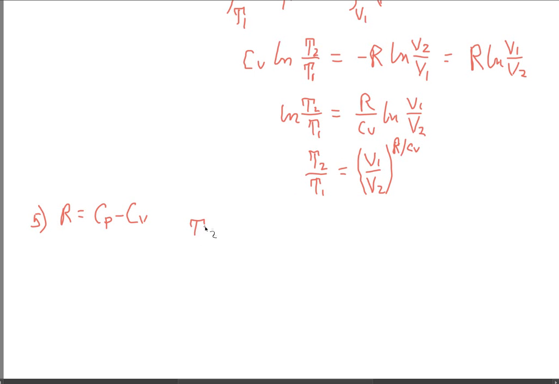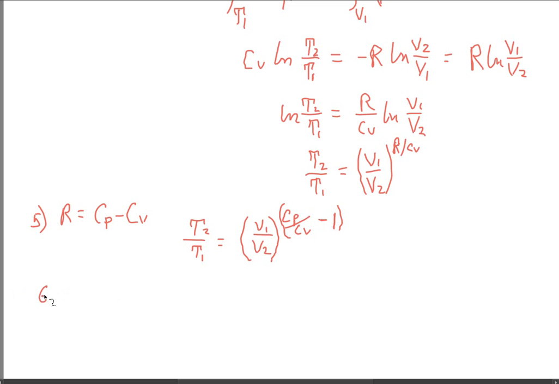So we will get T2 over T1 is going to be equal to V1 over V2. And you'll note that if we simply replace the R with Cp minus Cv, the first piece will be Cp over Cv. And then the second piece would be Cv over Cv, so that'll be simply minus 1. So that becomes that exponent.